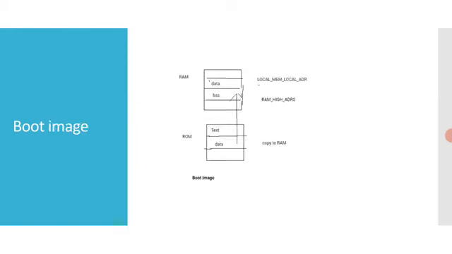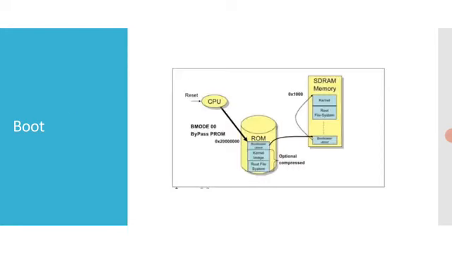On a general basis, we can say on RAM, data and BSS reside, and the addressing goes from ROM to RAM: copy to RAM, RAM high address, and local address. This is how the boot image would be.